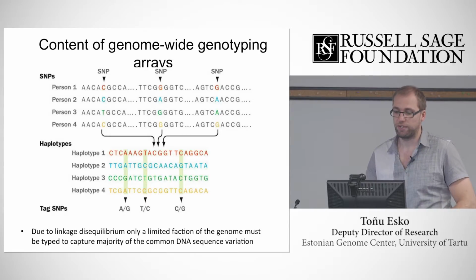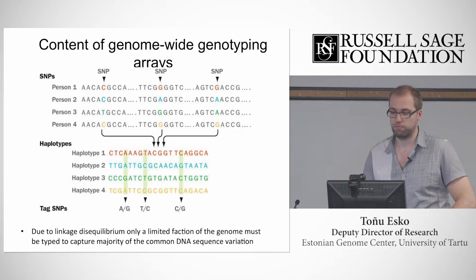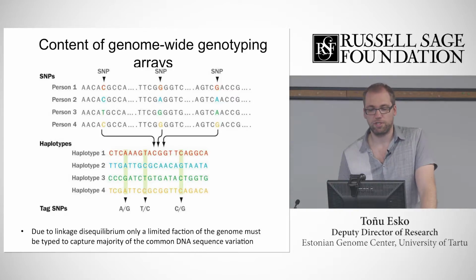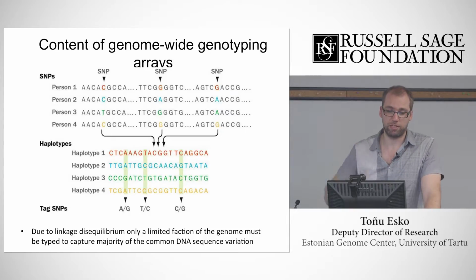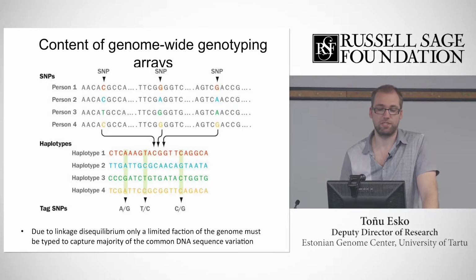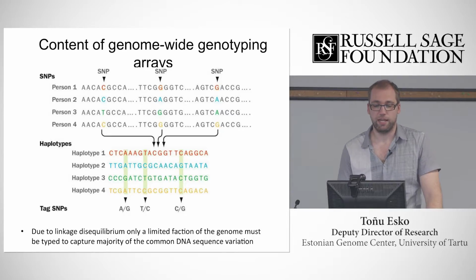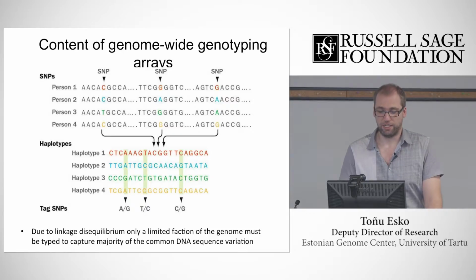To make it more graphic, here the first 4 rows are just 4 different persons, and let's say a chunk of genome where we have full knowledge of their sequence. The letters in gray are the ones that are exactly the same across all individuals within a population, so it doesn't matter who you look at, in this position it's always A, and the next one is also A. And then there are certain positions that we call SNPs, or single nucleotide polymorphisms, which differ between individuals.